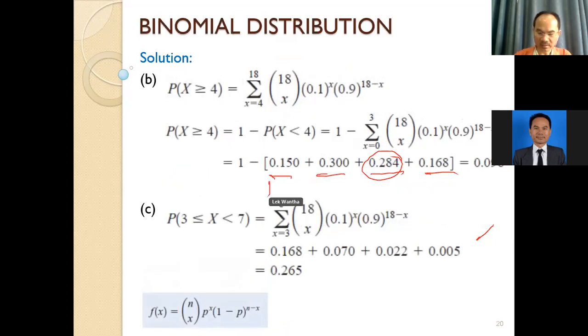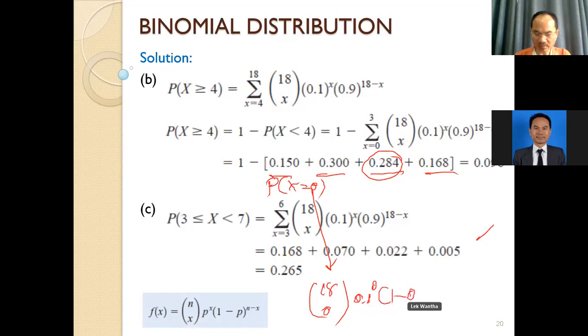This is at x equal to 0: 18C0, 0.1 power 0, 1 minus 0.1 power 18 minus 0.